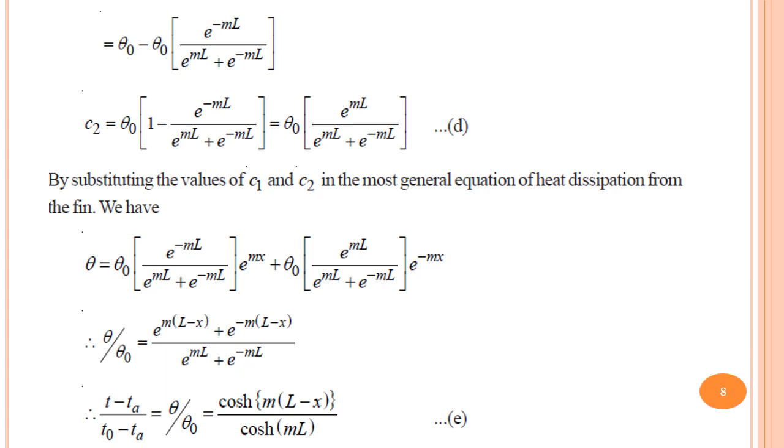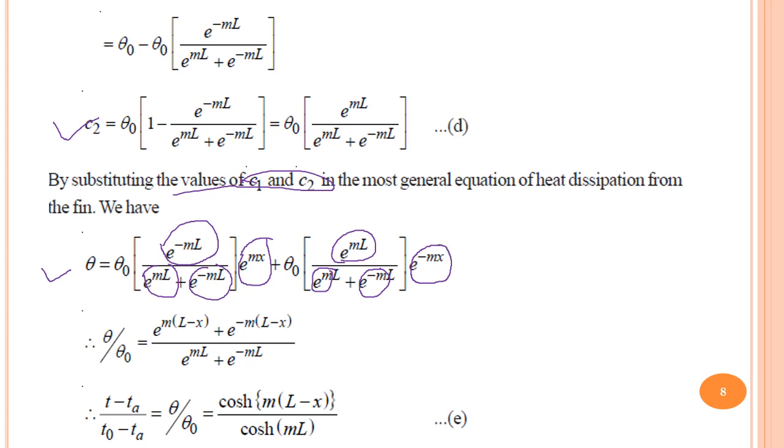When we put the values of C1 and C2 in the most general equation, we get the temperature axis theta equals theta 0 into e raised to minus ml divided by e raised to ml plus e raised to minus ml into e raised to mx, plus theta 0 e raised to ml divided by e raised to ml plus e raised to minus ml into e raised to minus mx.